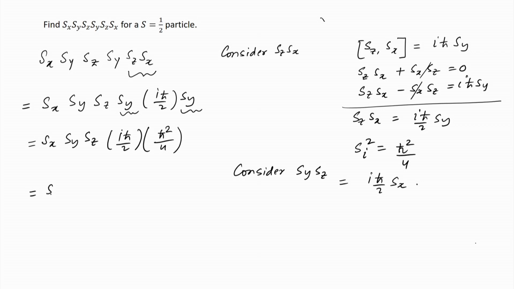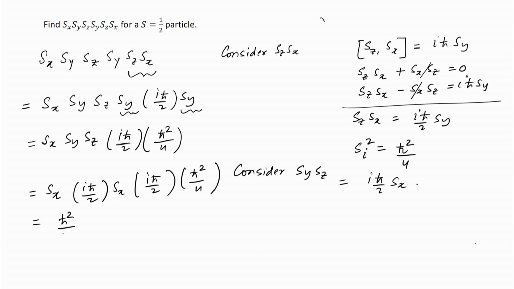So, this is equal to Sx, and there is an iħ/2, and there is an Sx, and there is an iħ/2, and there is an ħ²/4. So, this is equal to now just Sx squared, which again is equal to ħ²/4.